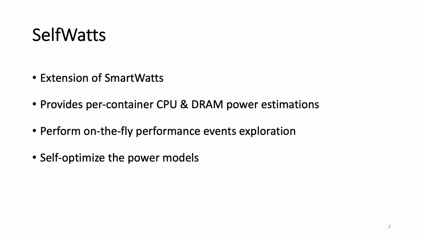So, in this paper we propose SelfWatts, which is an extension of SmartWatts. Its goal is to provide per container CPU and memory power estimation, like SmartWatts, but it will have an on-the-fly selection of the performance events, and it will self-optimize its power models over time.